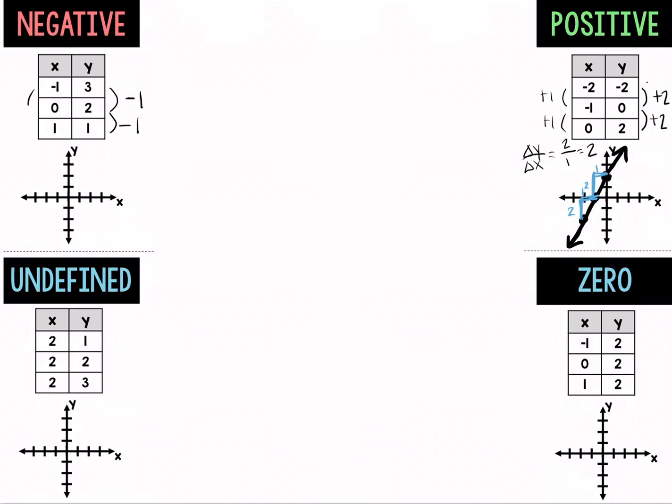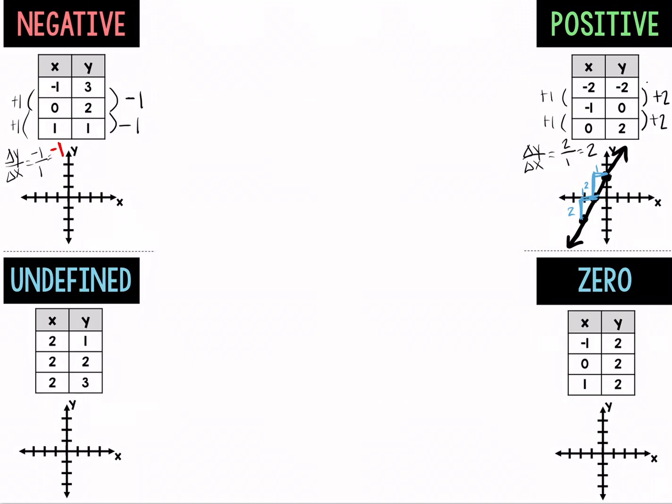Then on the x's, I'm adding 1. So now when I do this, the y change over the x change, that's -1 over 1, which is -1. So my slope is -1.